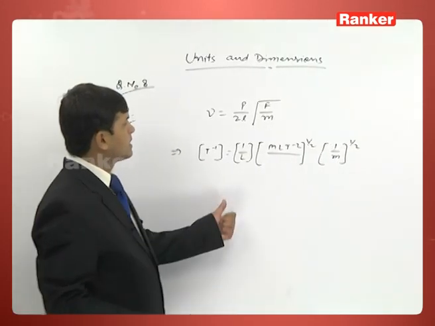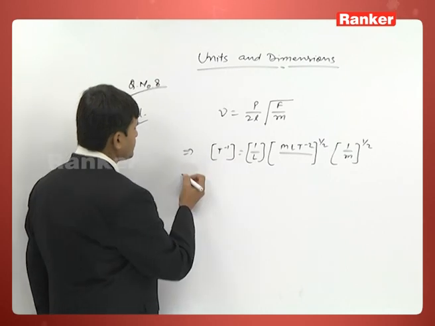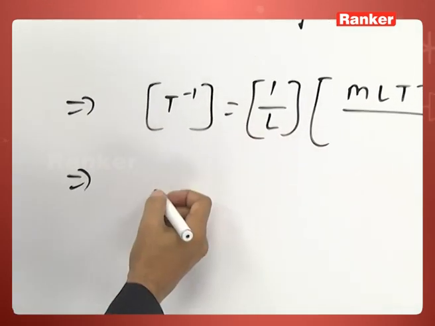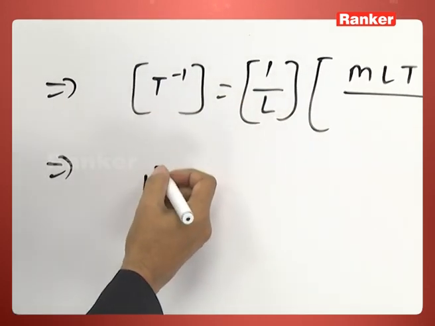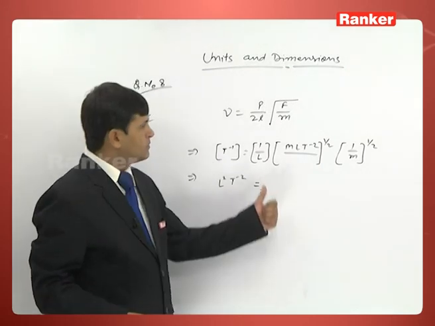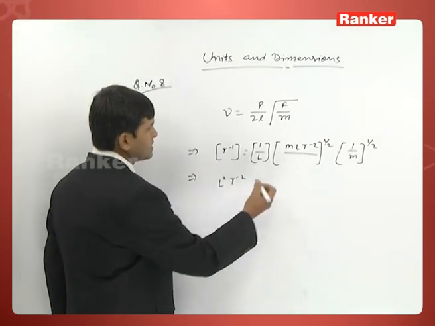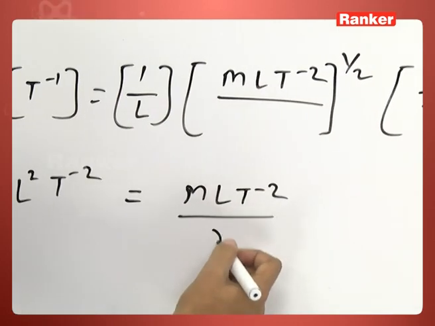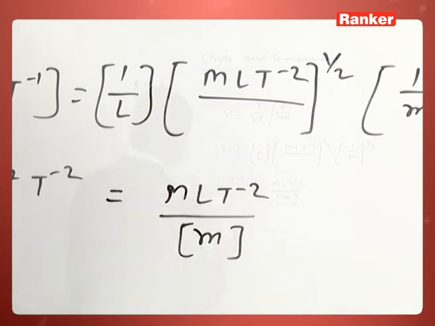Now check how to get this one. From here we can write L square T minus 2. If we square both sides, that will be M L T minus 2 by the dimension of m.